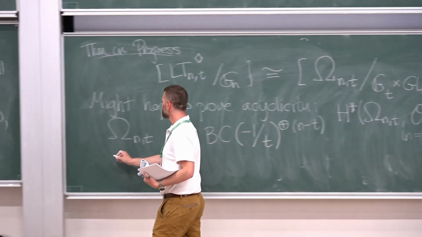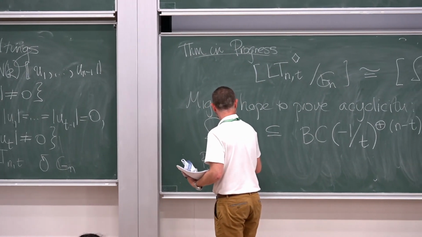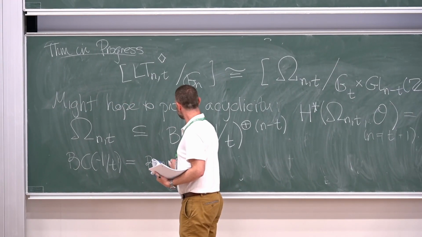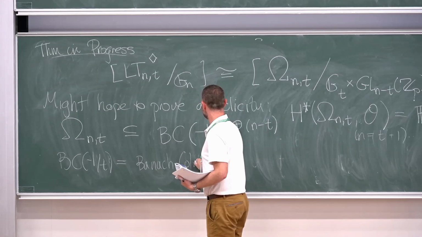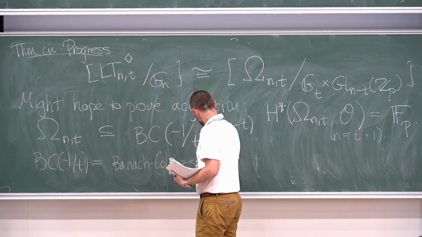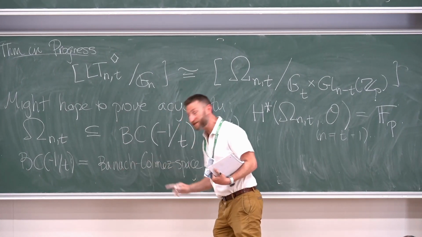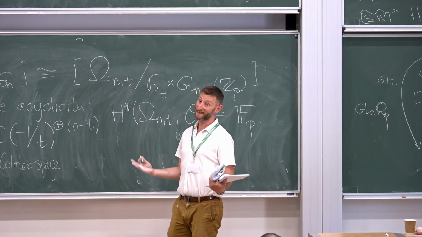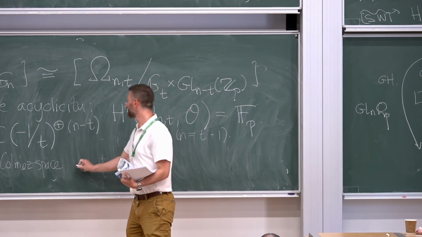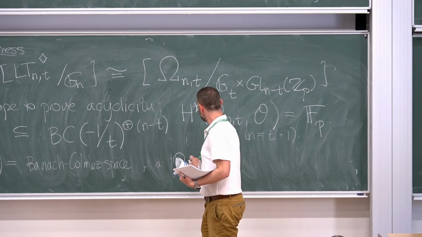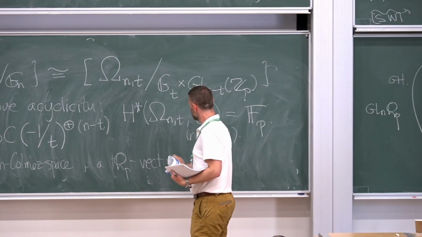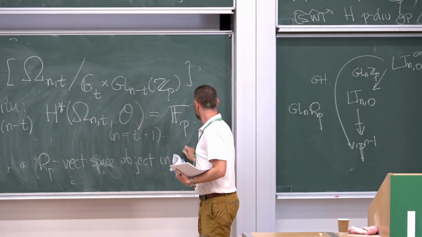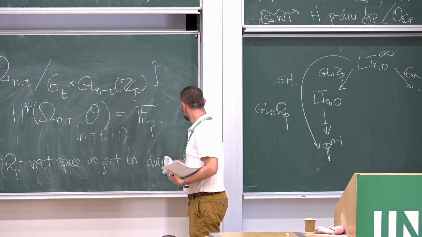What is this BC? Well, this stands for Banach-Kolmez space. As the Banach in it suggests, it should be some kind of normed vector space. In fact, it's a QP vector space object in the category of diamonds.